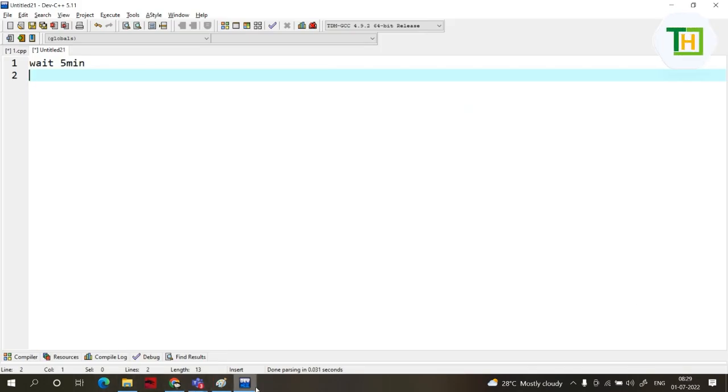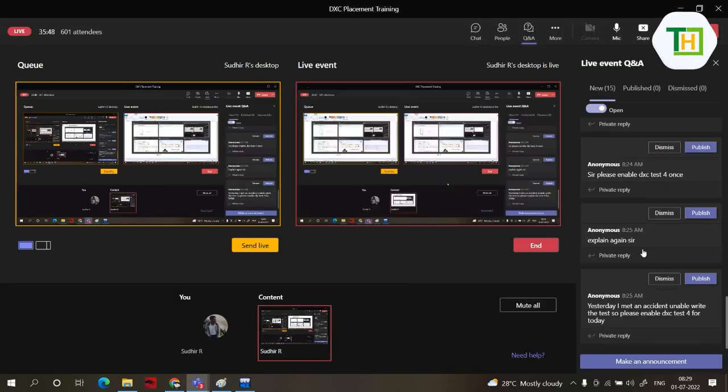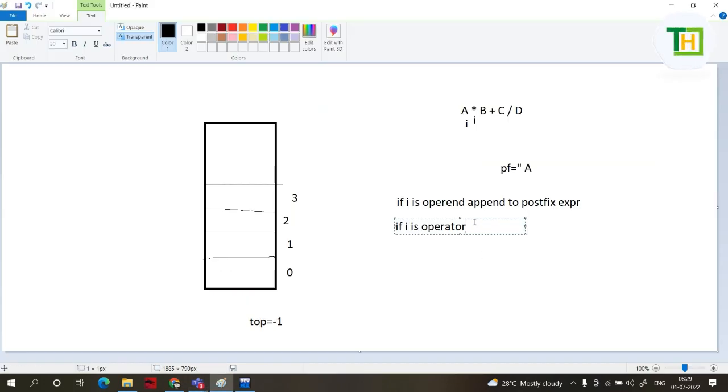Okay. I'm discussing this one, right? If it is an operand, just simply append to the postfix expression. If it is an operator, we have to do so many things here.